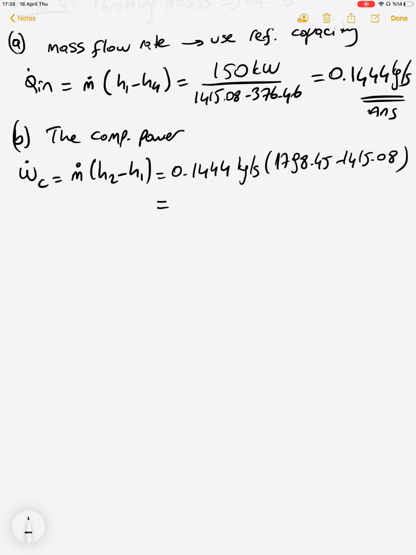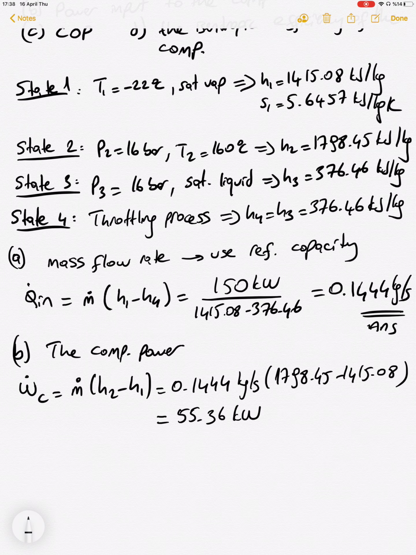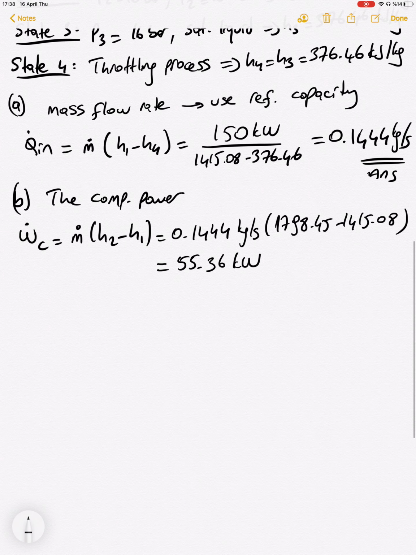This also doesn't require any conversion, and it's 55.4 kilowatts. Compare it with the 150 kilowatt of refrigerating capacity. In order to obtain this capacity, you need 55.36 kilowatt input to the system.